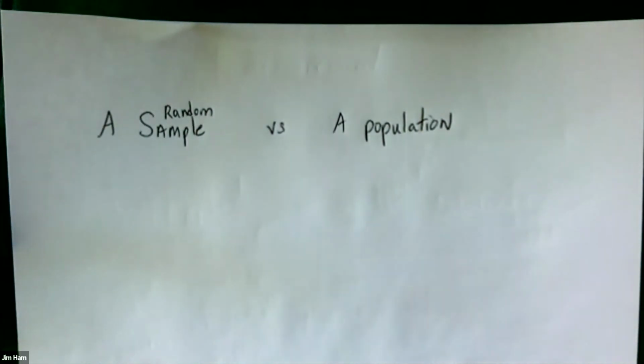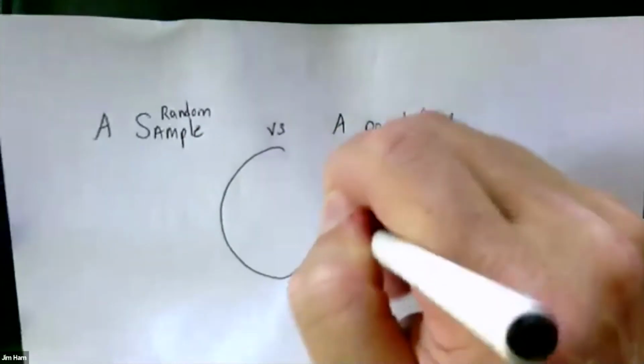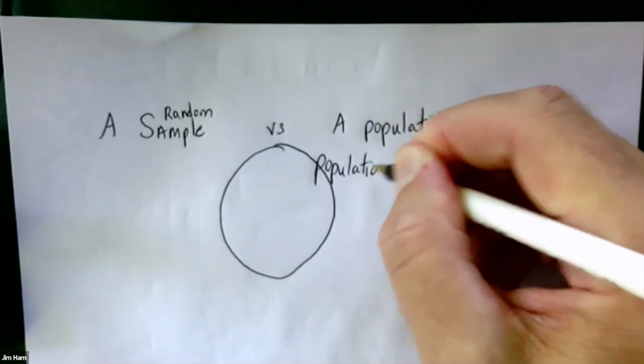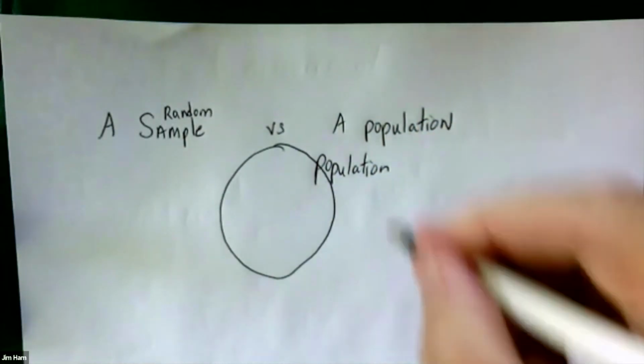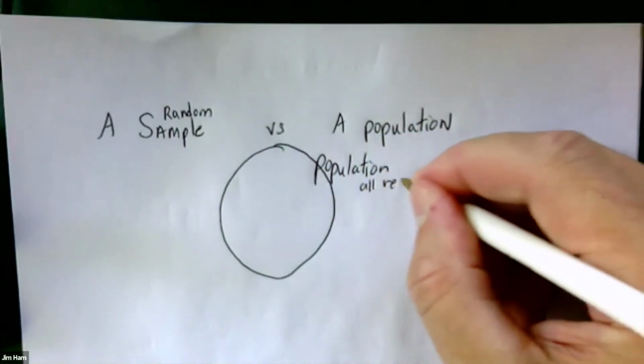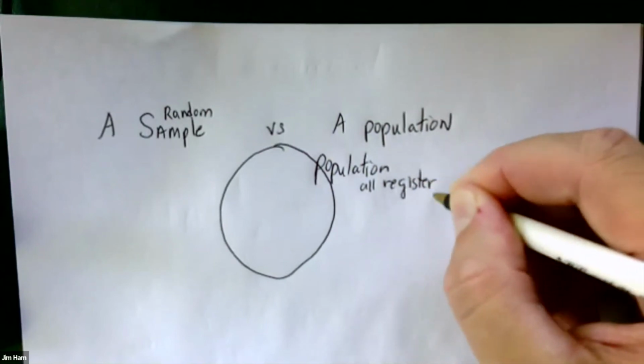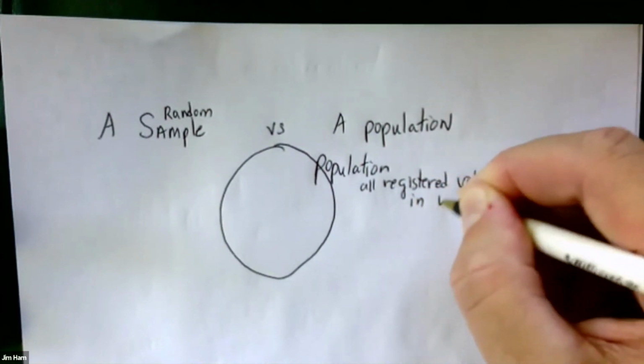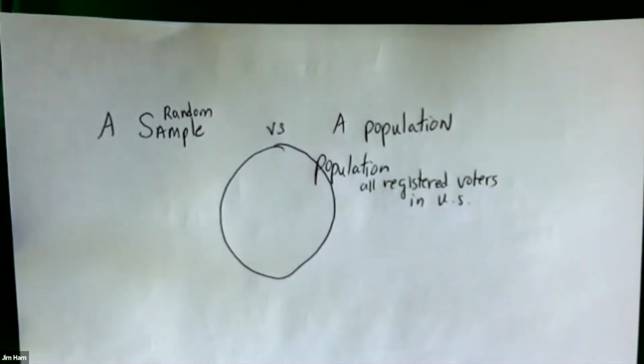The way that I typically draw this is with a Venn diagram, and I say the population is, as an example, we could say all registered voters in the US. And let's say we want to say something about all the registered voters in the US. For example, what presidential candidate are they going to vote for?